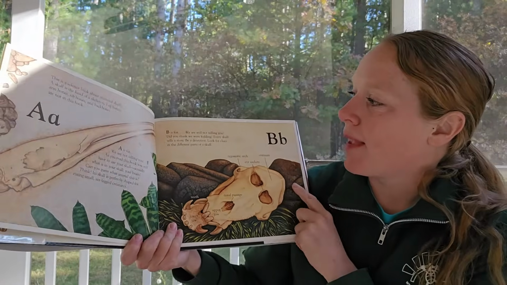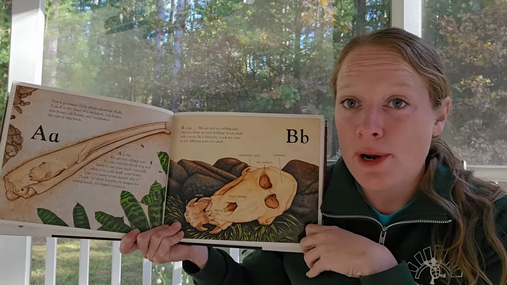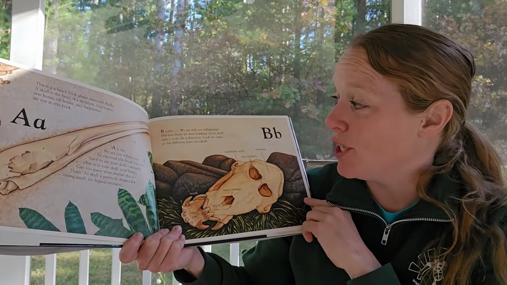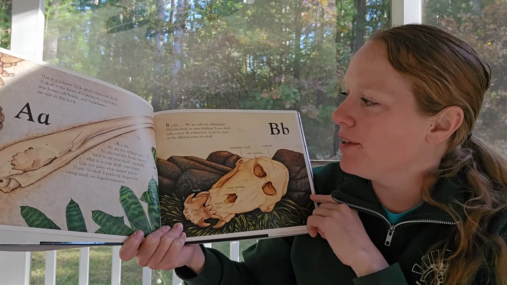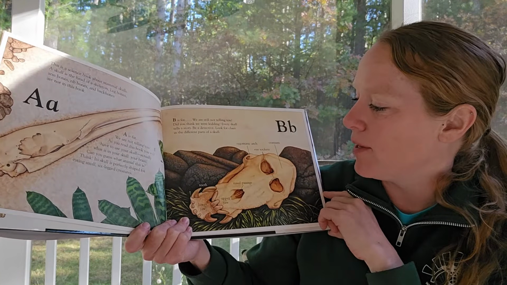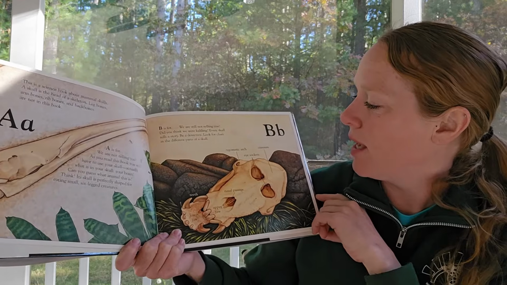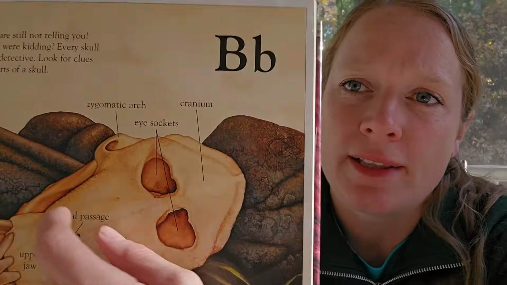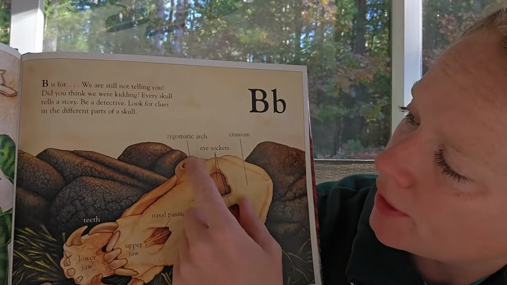B. B is for we are still not telling you. Did you think we were kidding? Every skull tells a story. Be a detective. Look for clues in the different parts of the skull. So B is for, and it labeled some of the different parts of the skull here.